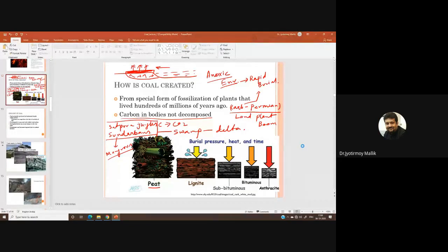Okay, let's just begin then. So, we ended at this slide yesterday where we started talking about the formation of coal.